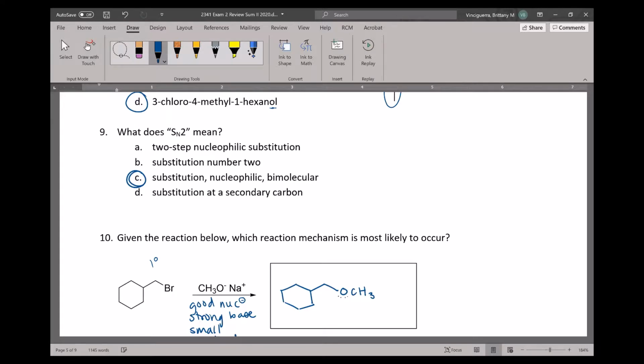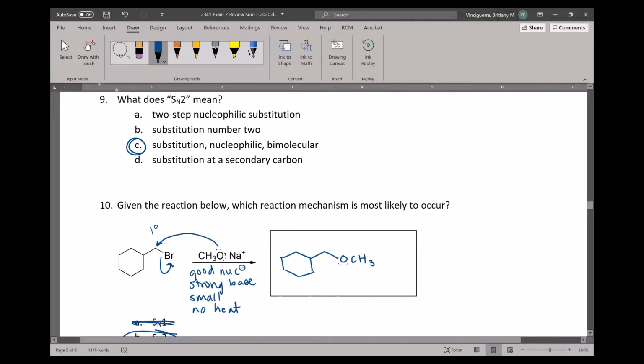So the way that we got there was a direct displacement of bromine. The most common mistake for this type of problem is students drawing out stuff like this. And since you guys will not be drawing out your own products, I'm going to put common mistakes as possible answer choices.